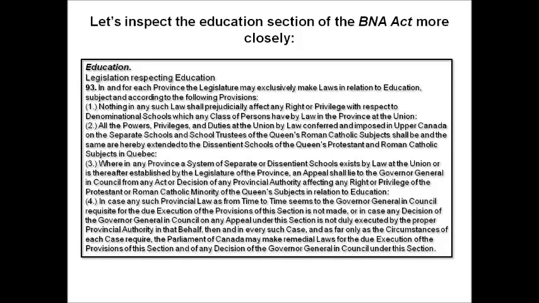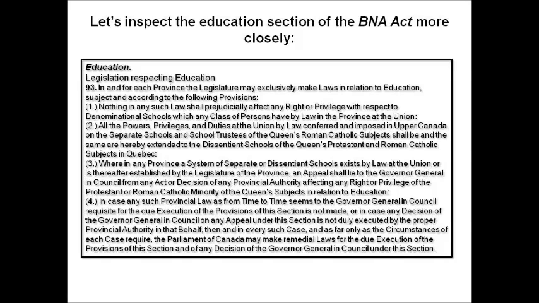2. All powers, privileges, and duties at the union by law conferred and imposed in Upper Canada on the separate schools and school trustees of the Queen's Roman Catholic subjects shall be and the same are hereby extended to the dissentient schools of the Queen's Protestant and Roman Catholic subjects in Quebec. 3.